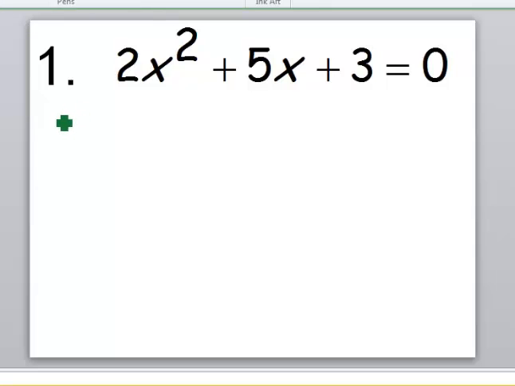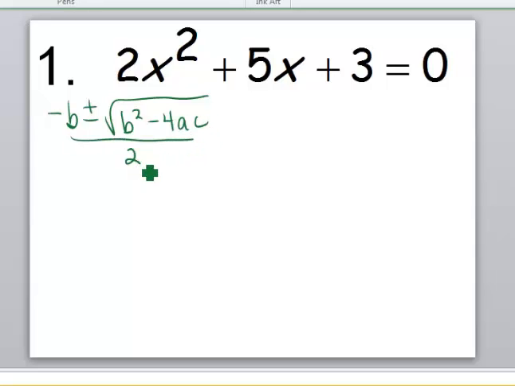So I'm going to write down the formula. Negative b plus or minus the square root of b squared minus 4 times a times c, all over 2a. What I'm going to do then is write down my a, my b, and my c. My a is 2. My b is 5, and my c is 3. What we're going to do is plug those values into the formula.